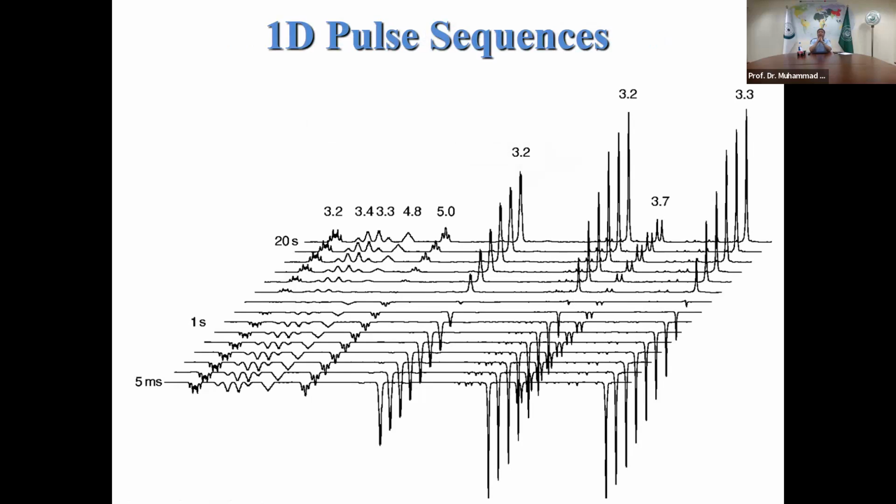Also, for certain cases, T1 is very, very important. For instance, in MRI, T1 is measured. There are also experiments in which T1 is measured.